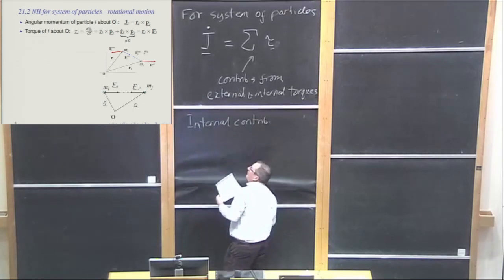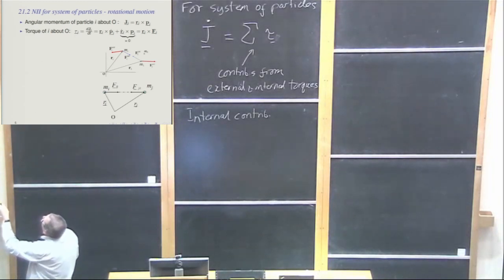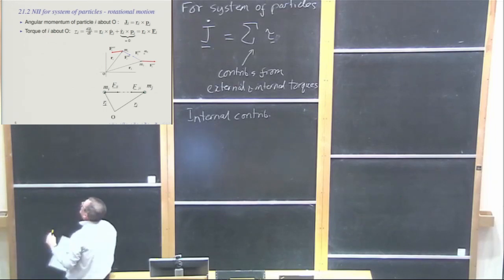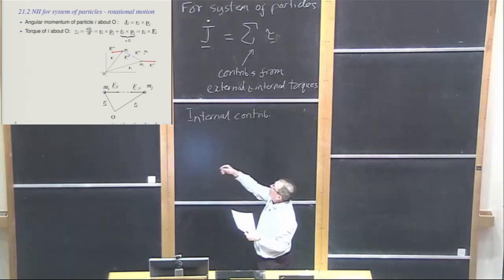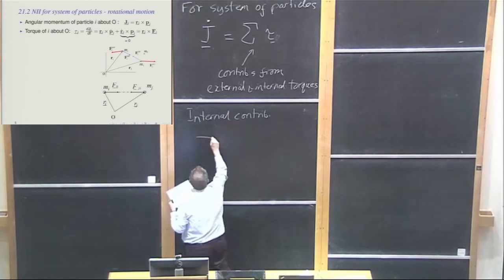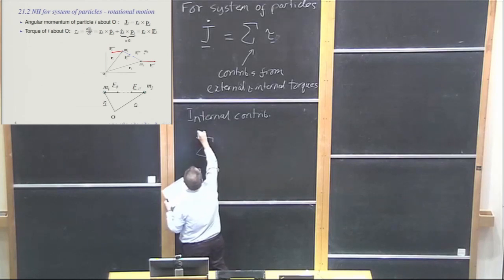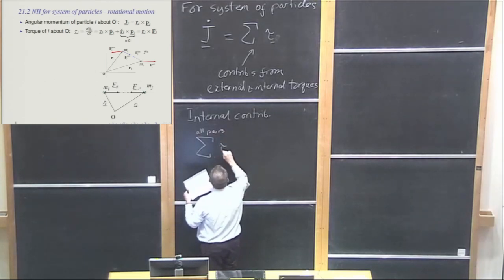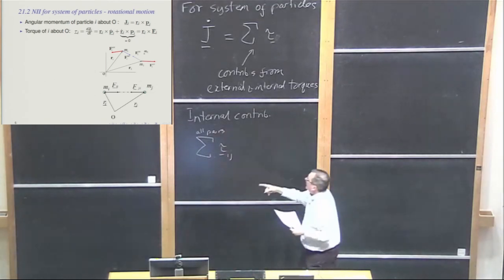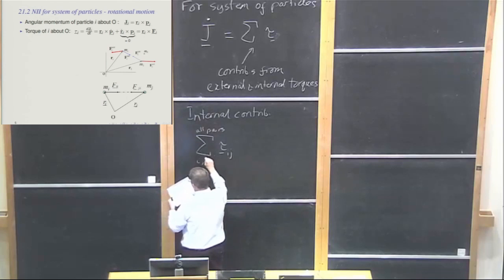These operate between pairs of particles. So the force from particle M1 acting on M2, or Mi acting on Mj, will exert a force, and then the other particle will exert a force and a torque backwards. So we need to consider pairs of particles. This is a sum over all pairs, and I designate that torque ij, between particle i and particle j.